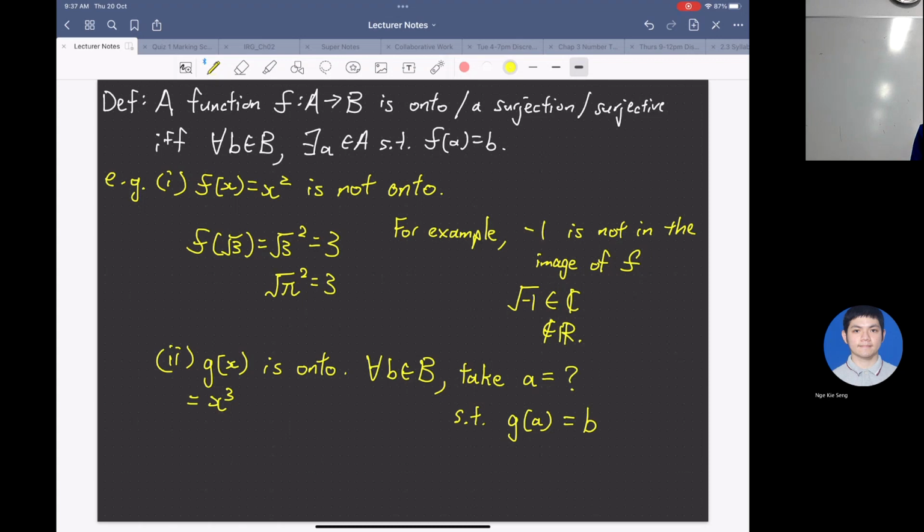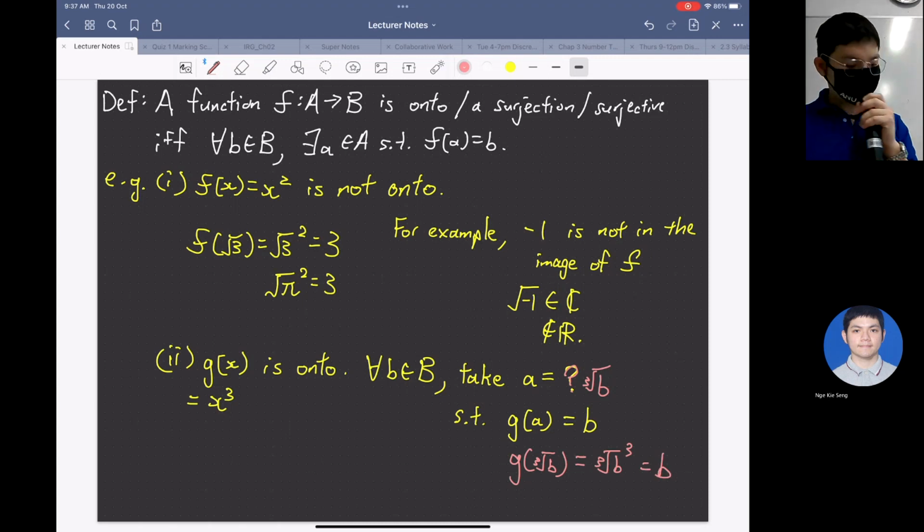We can take the cube root of b, such that g(cube root of b) equals the cube root of b cubed. Yes, right. So if you want to show something is onto, you need to find the pre-image for every element in the codomain.